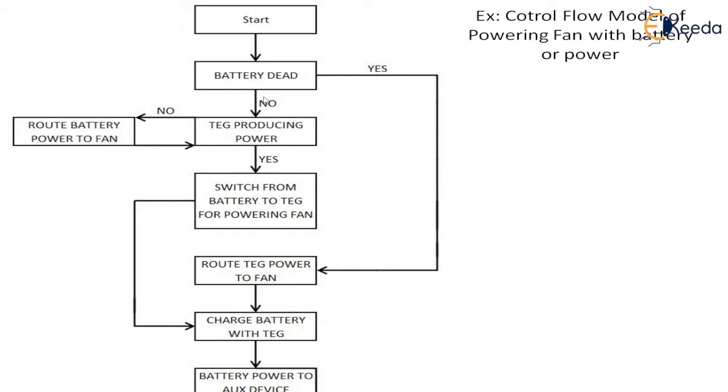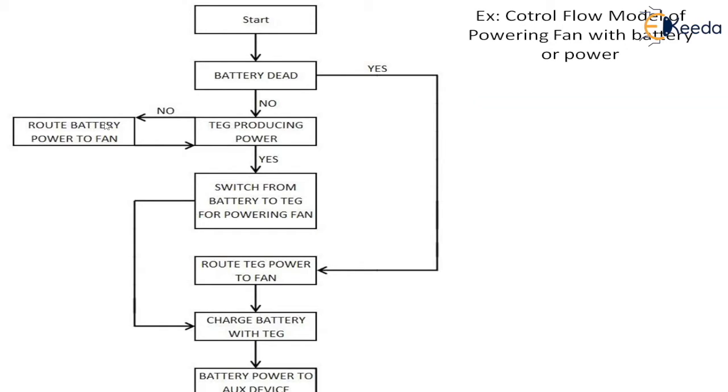And if the battery is dead, no, that means the battery is not dead. Then we check whether power is getting produced, yes, then switch from battery to power, and then you start charging the battery.